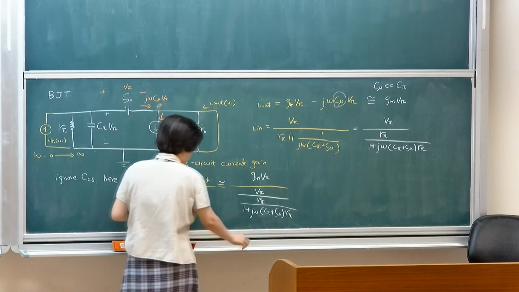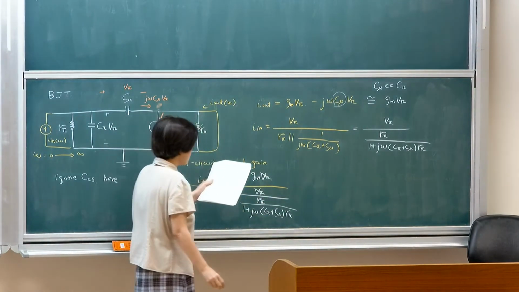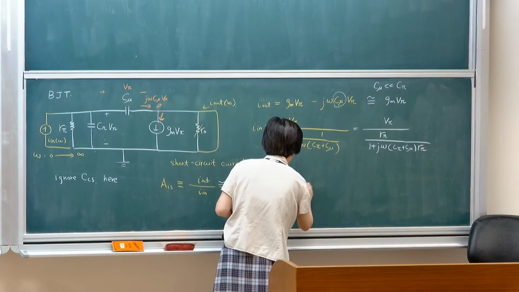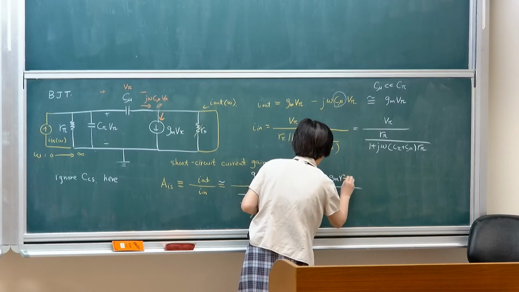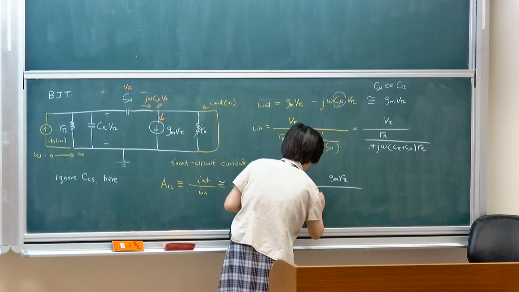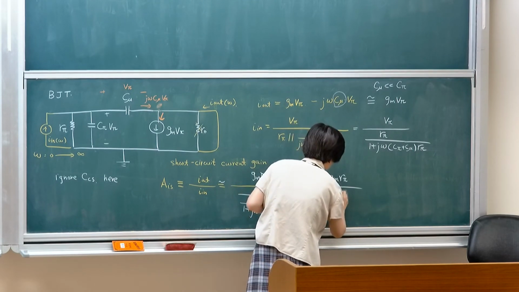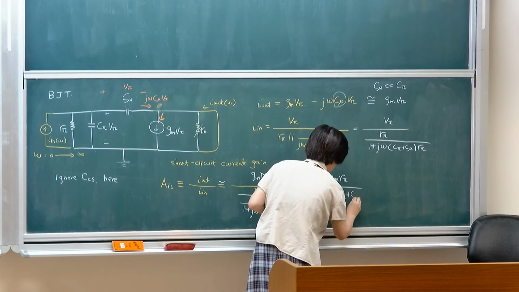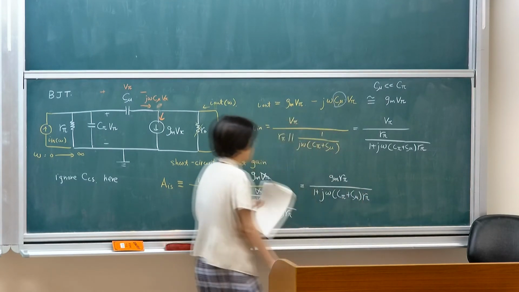And then we could cancel the v pi term. And then after some rearrangement, it will be gm R pi over 1 plus j omega (c pi plus c mu) r pi. Okay?